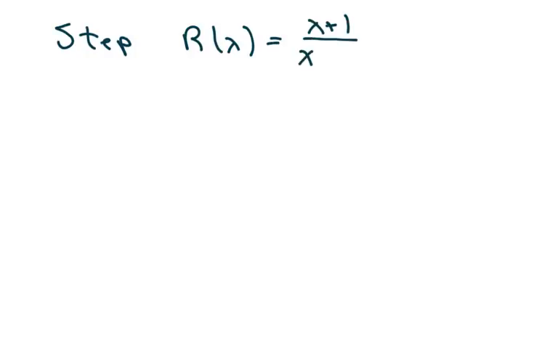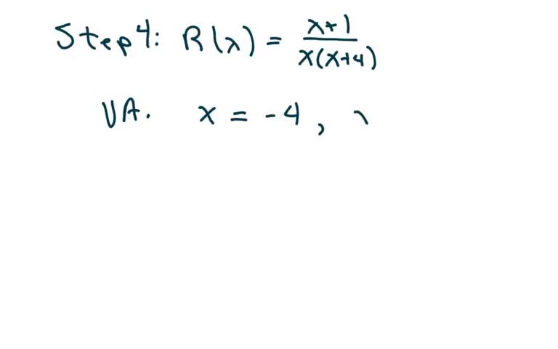The next step is to reduce it to lowest terms. R of x has already been reduced. It's already in lowest terms. We can't reduce it. If we could, we'd have a hole, and that's going to come up later. So our vertical asymptotes, this is step 4, come from the denominator, so x equals negative 4 and x equals 0.